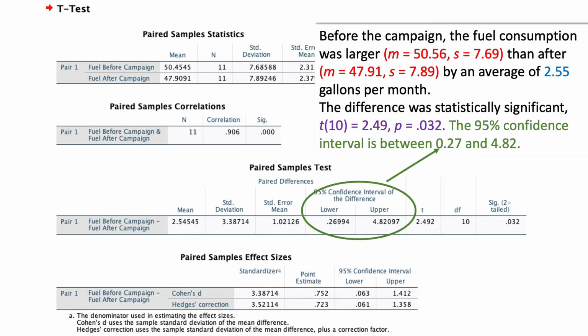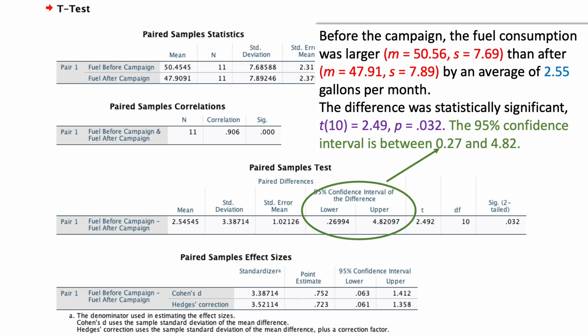Then I would say, using the information from SPSS, the difference was statistically significant. T at 10 degrees of freedom equals 2.59. And notice that instead of relying on a critical value, I would actually use the information from SPSS. So I would say that it was statistically significant, p equals 0.032.